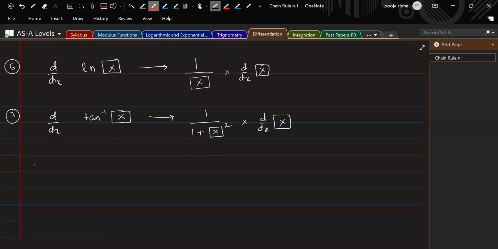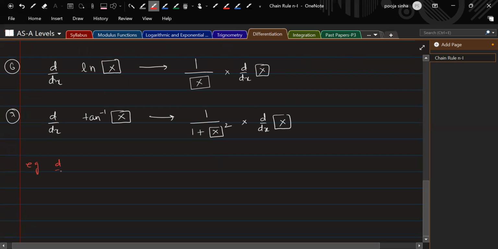Let's take an example of this. Suppose I have d by dx of tan inverse of 3x plus 2. My answer will be 1 upon 1 plus (3x plus 2) whole square, as per the formula, multiplied by d by dx of 3x plus 2, which will become 3.